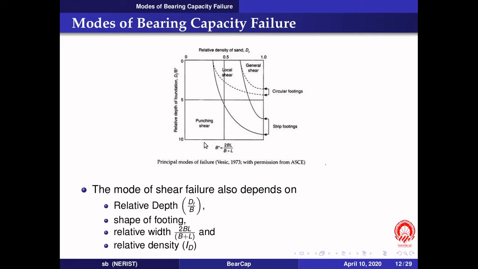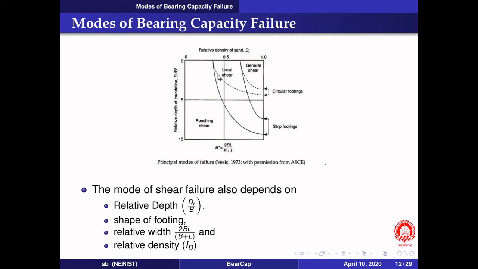And we can see that if the soil is loose and the depth is higher, then, say for this case, if the depth is more, then there will be punching shear failure, but for the same relative density, if depth is less, then there may be local shear failure.